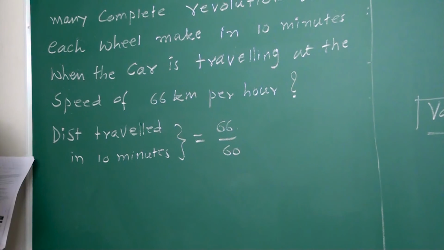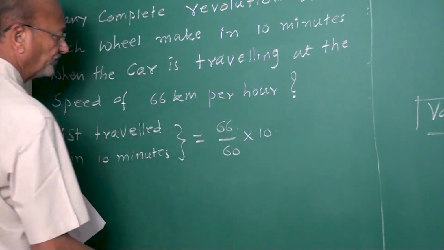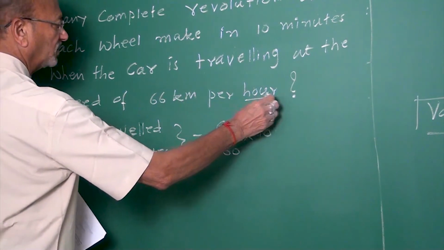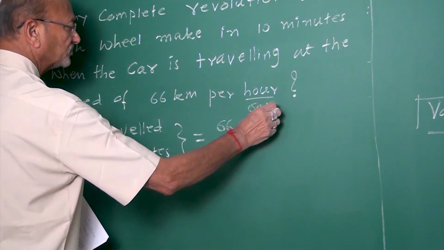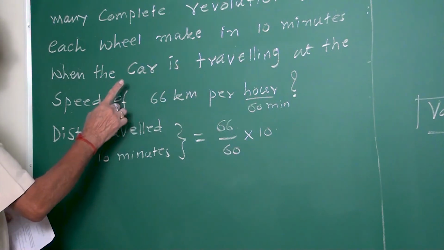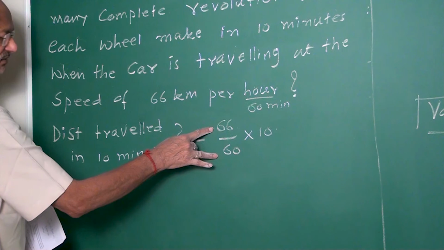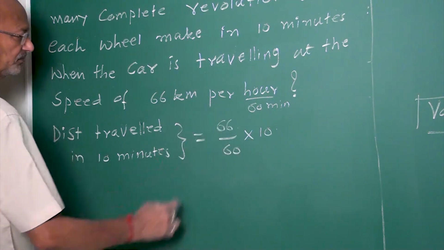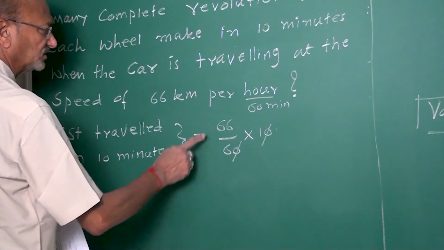Now if you multiply the same by 10, this is in 10 minutes. Hour means 60 minutes, my friends. Therefore, in 1 minute the distance covered by a wheel is 66 upon 60. But you wanted in 10 minutes? Multiply by 10. Now if you simplify this, it cancels.